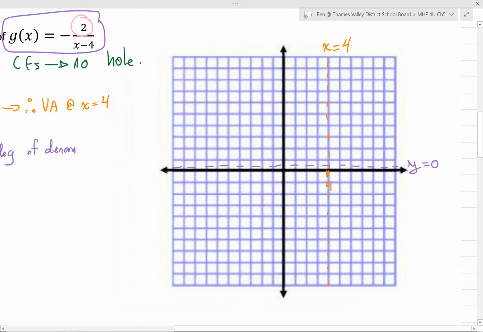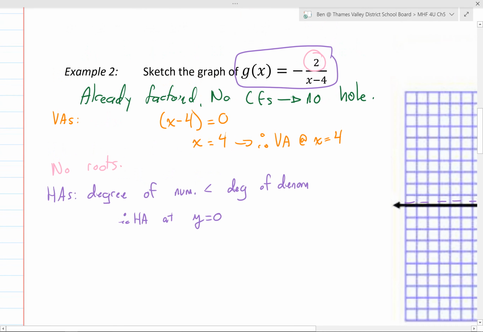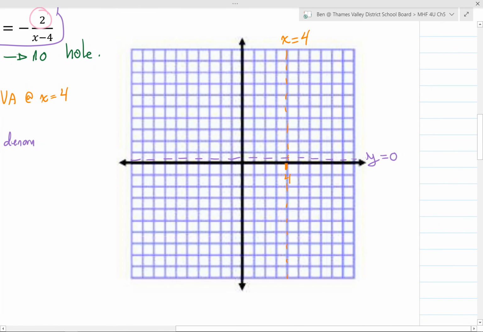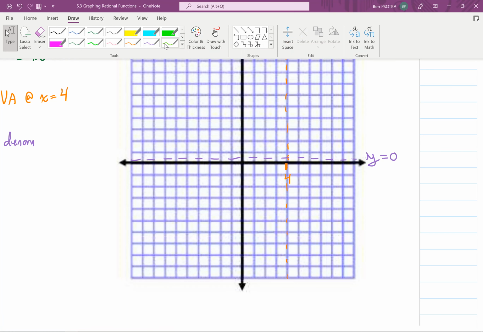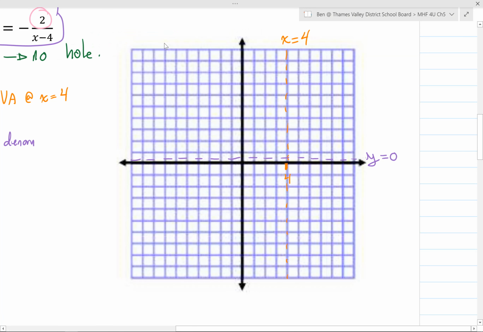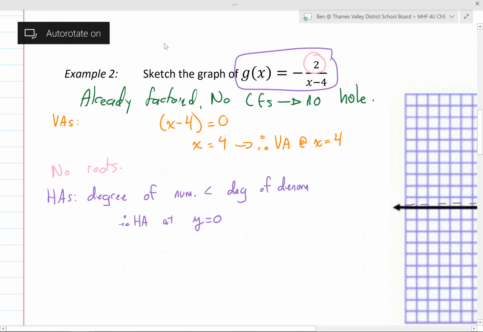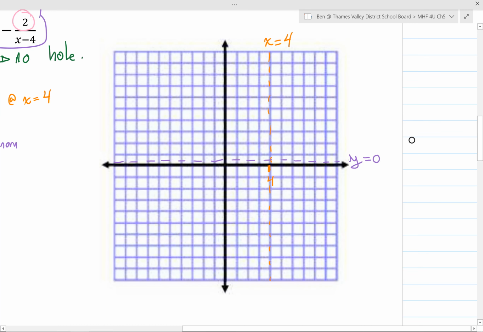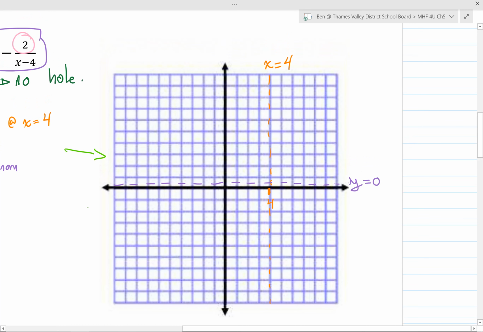Fantastic. So now I've checked for holes, vertical asymptotes, roots, and horizontal asymptotes. Now that I have my two asymptotes in here, I'm just going to give you some options that we can be looking at. The possibilities we're working with: I can approach this horizontal asymptote down here from above or from below as x approaches negative infinity.